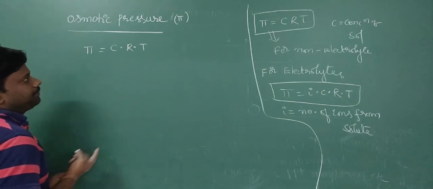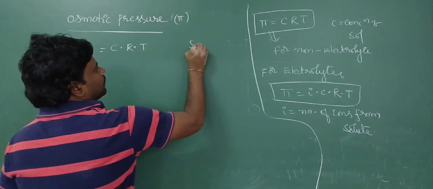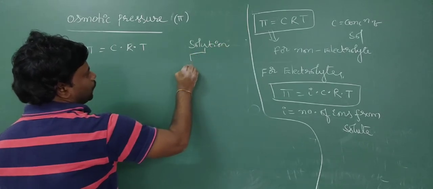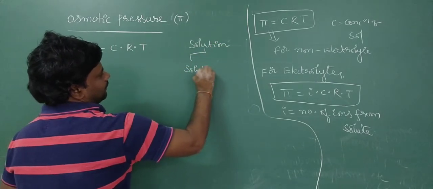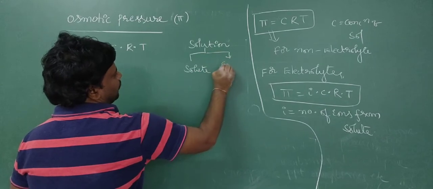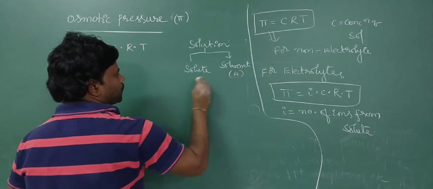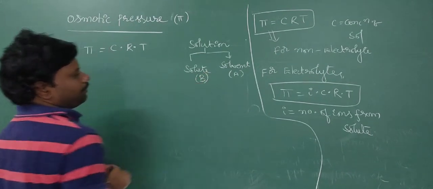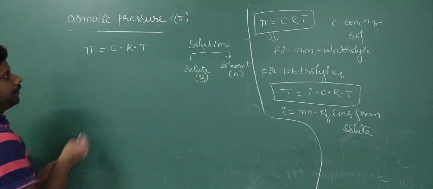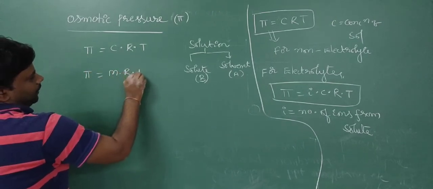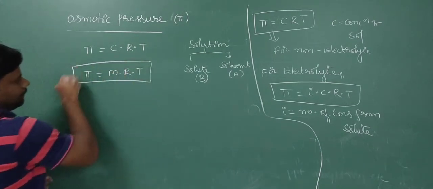Look here, a solution contains solute and solvent. Generally the solvent is taken as A compound and the solute is taken as B compound. So pi is equal to M into R into T. It is also right. Yes.